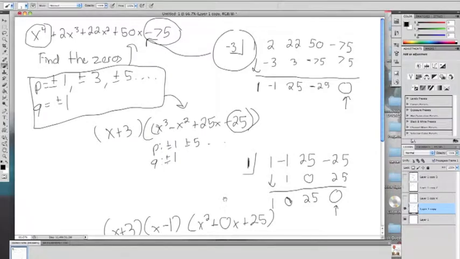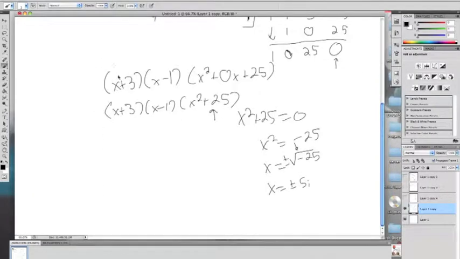So now we just scroll up. It's degree 4, right? So we need 4 zeros. Our 4 zeros are going to be -3, 1, 5i, and -5i.